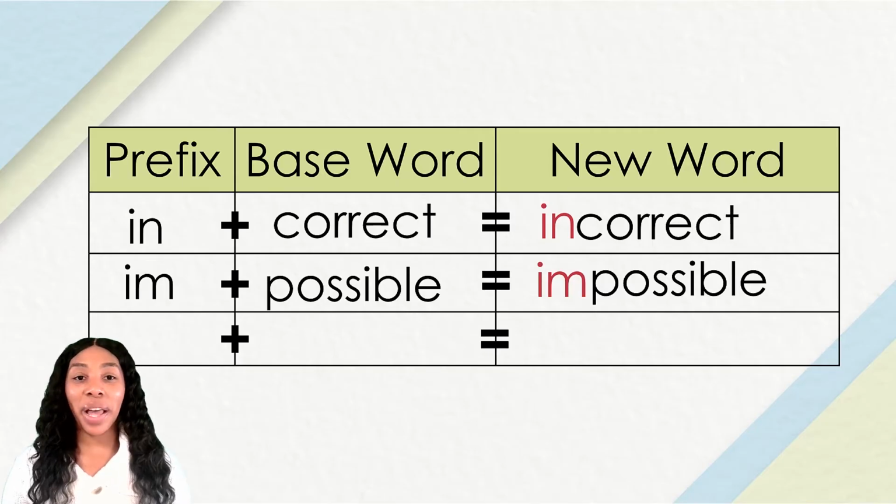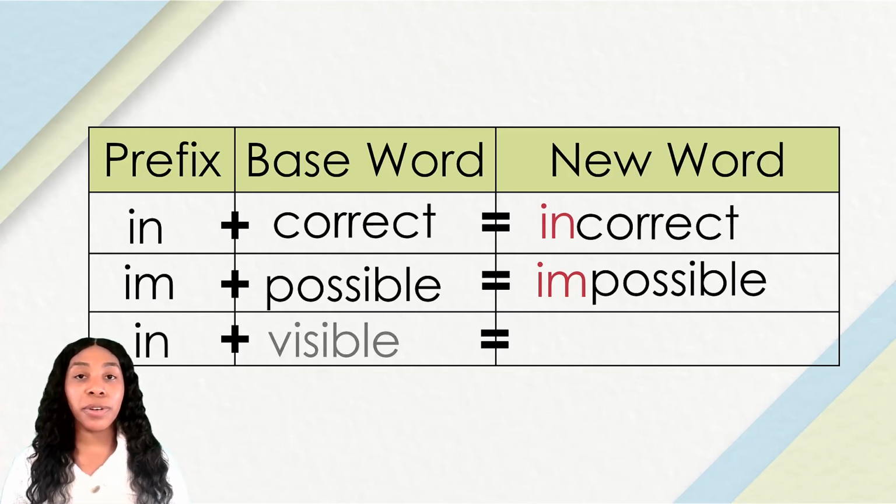Here's our last one. The prefix is in. The base word is visible. When I put the prefix in with the base word visible, what new word do we make? Invisible. How did the prefix in change the meaning of the base word visible?